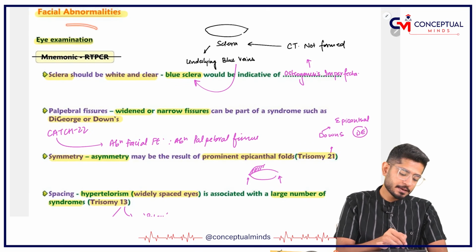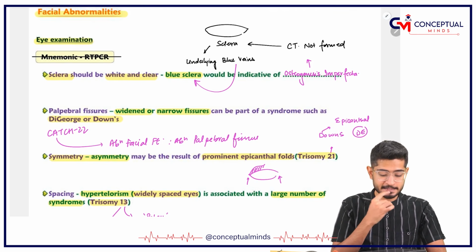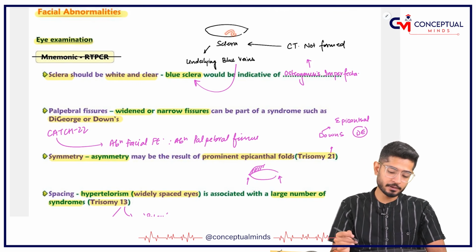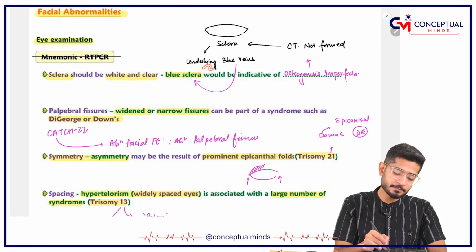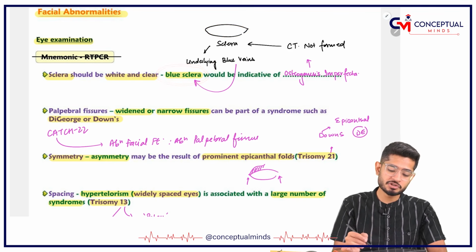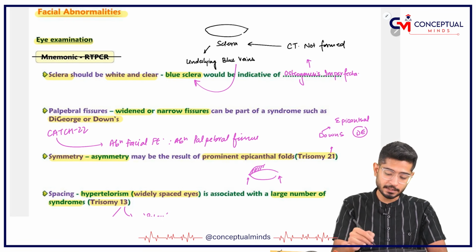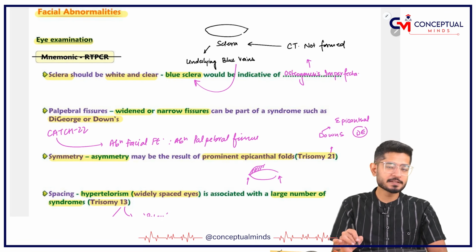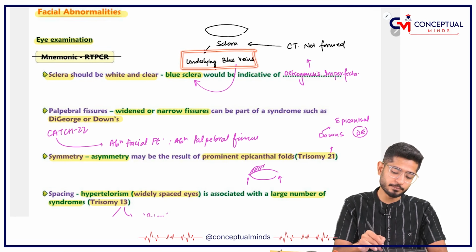So in eye examination, what else are you going to see besides the red reflex? The sclera should be white and clear. But sometimes there are conditions where the sclera is blue. Why? The sclera is nothing but connective tissue. If the sclera is not being formed properly, you will see the underlying blue veins.